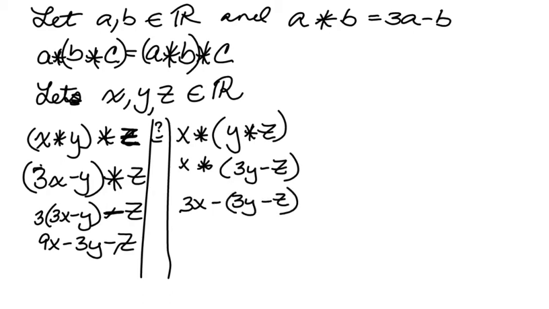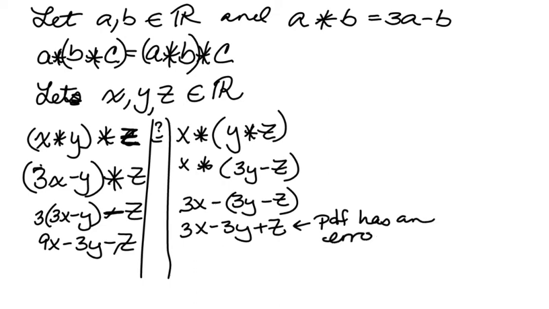Oops, in the PDF example, I did not carry over the sign. So this should be 3x minus 3y plus z. The PDF has an error. Okay, so does 9x minus 3y minus z equal 3x minus 3y plus z? Nope, it doesn't. So not associative.